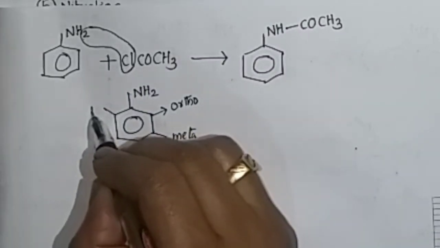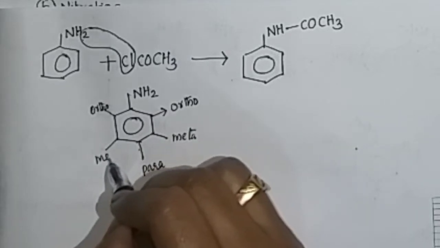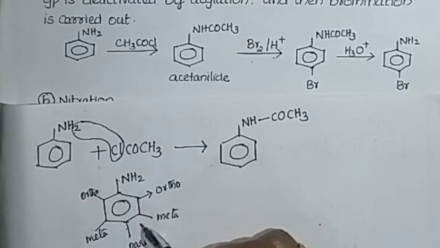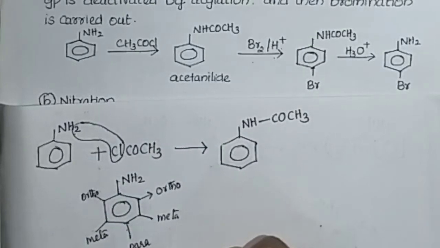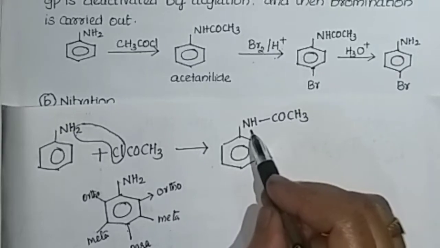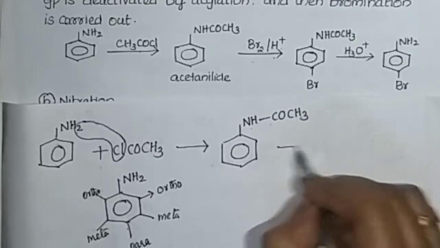This is adjacent, so this is ortho, and this is also meta. So two ortho and two meta positions are in the benzene ring and only one para position is present. Due to the presence of the NHCOCH3 group, we get only the para substituted product.